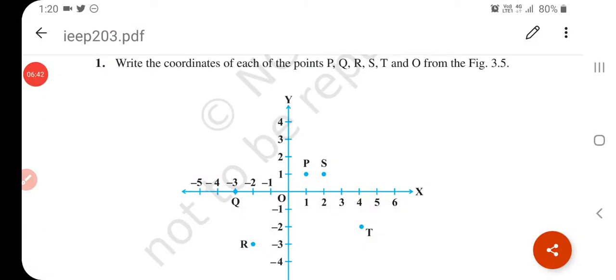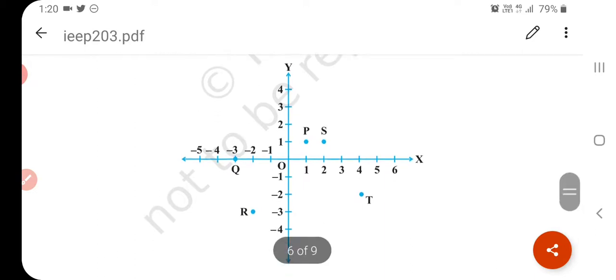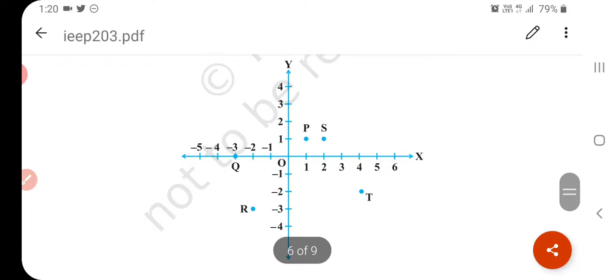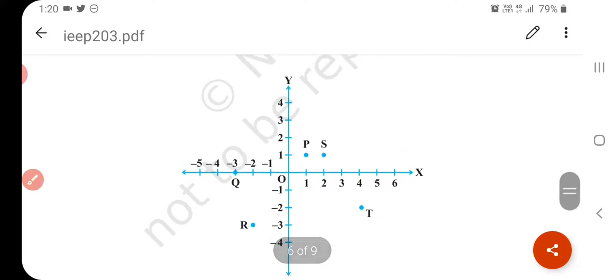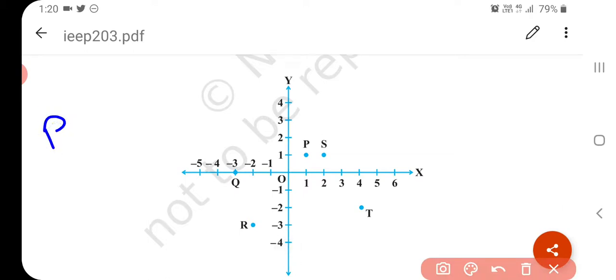Now let's see. Write the coordinate of each of the following P, Q, R, S, T and O from the figure 3.5. So this is your figure 3.5. What is the coordinate of P? You can see the coordinate of P is 1, 1. What is the coordinate of Q?